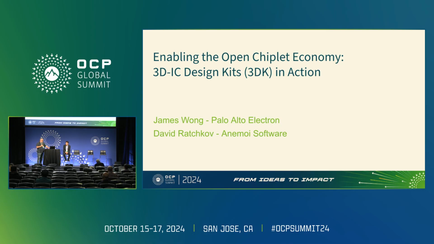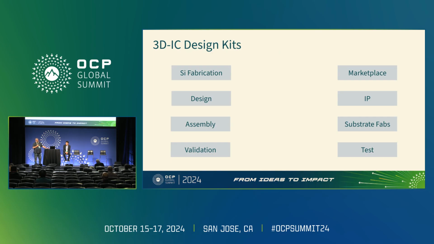Today we are going to walk you through some of the recent work that we have done. But before I get to that, let me first say a couple of words about why we are doing this. The chiplet ecosystem is quite complex. There are a lot of different players that would participate in the definition of a chiplet system.